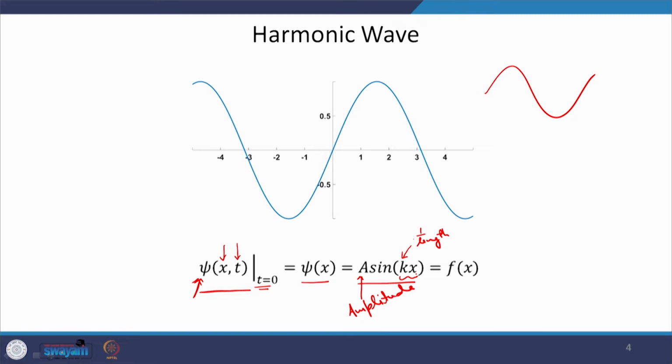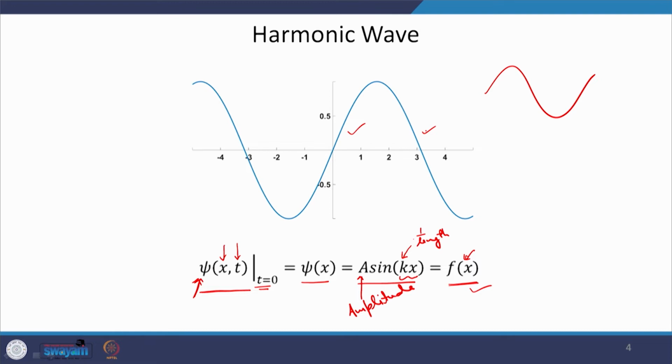It is now allowed, and therefore, we can see that a sin kx is a function which is x dependent, x is a variable here. Now, if you vary x and see how psi looks, you will find this type of curve, which is given in blue here.